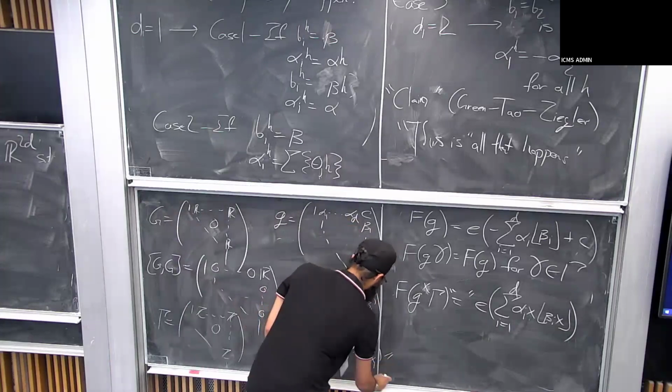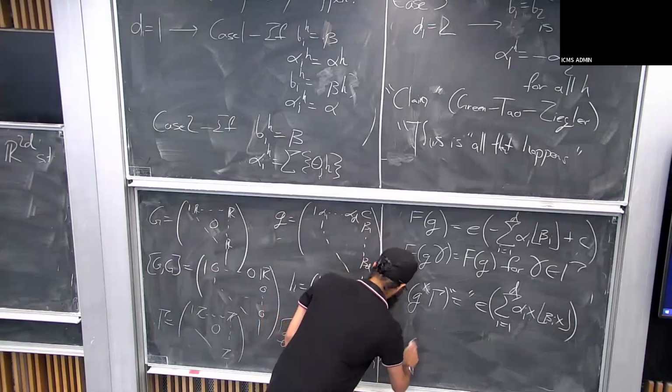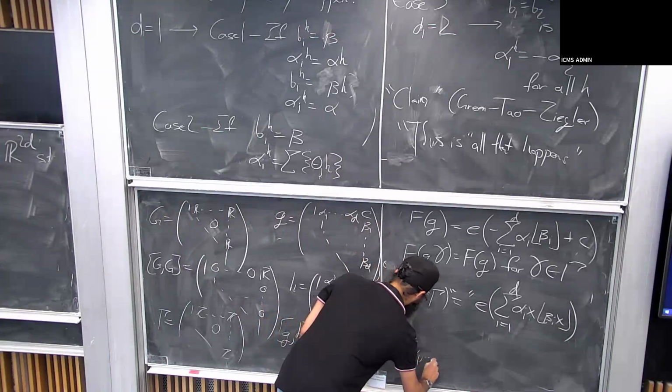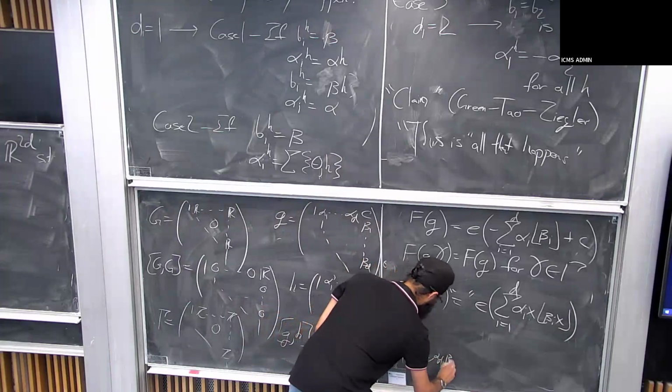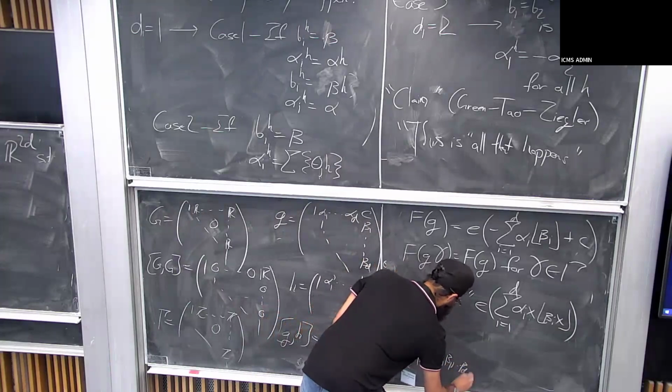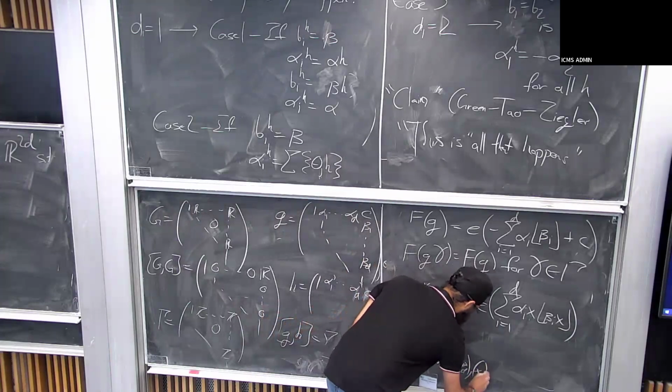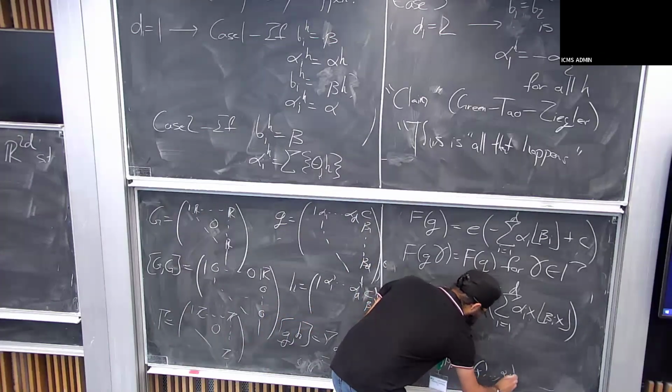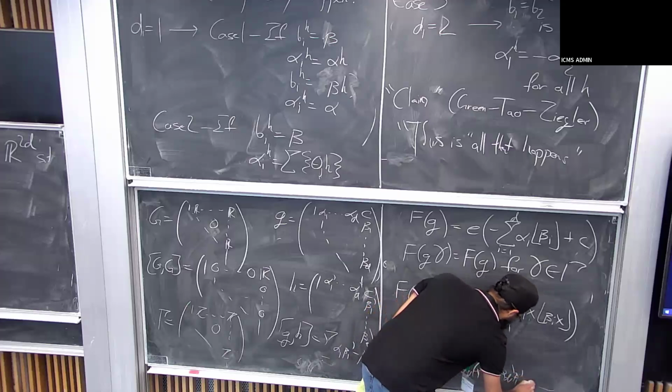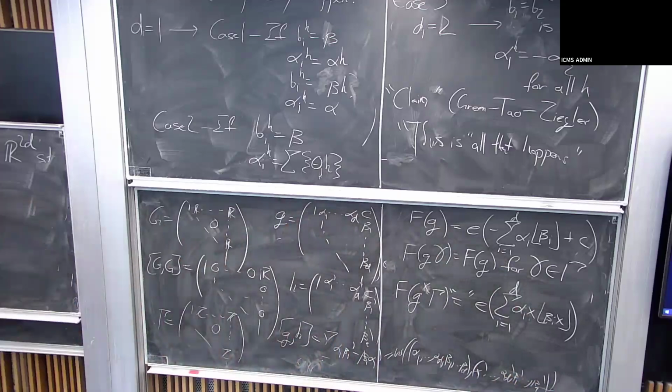So I'm just going to write this as omega of alpha 1 to alpha d, beta 1 to beta d, alpha 1 prime to alpha d prime, beta 1 prime to beta d prime. So this V has a special property.